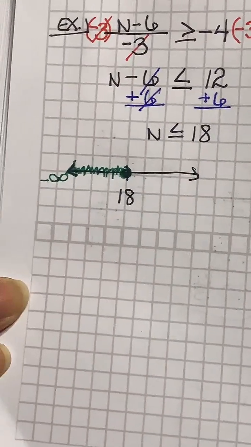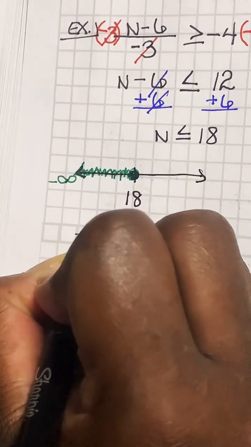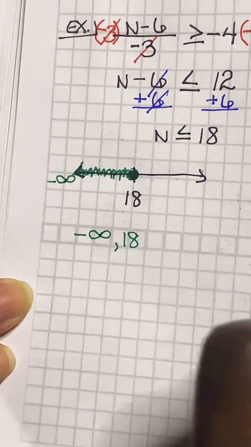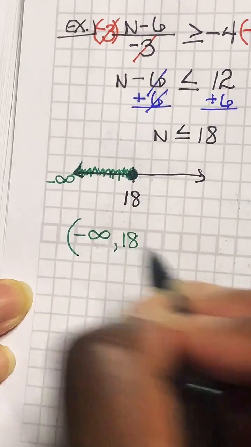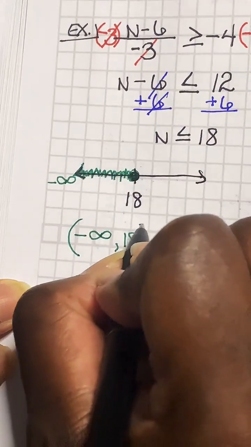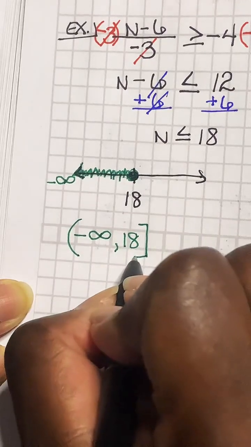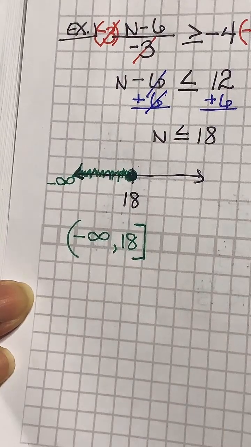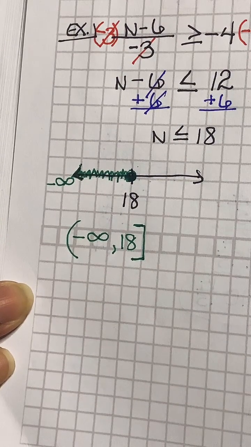Now, if I do interval notation, I'm taking my smallest number, which is negative infinity, and the highest number in this case is 18. Infinity symbols always get parentheses, and 18, since it's closed, or since it's a dot, is going to be bounded with a bracket.